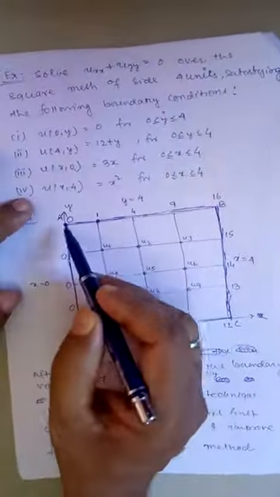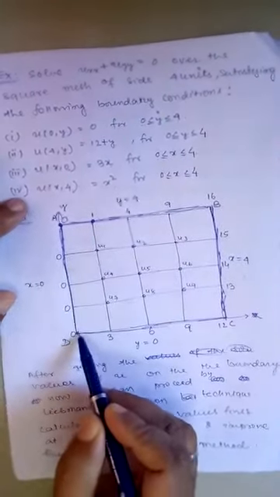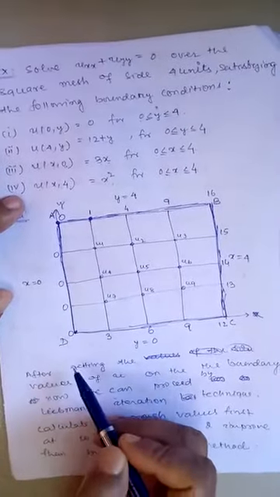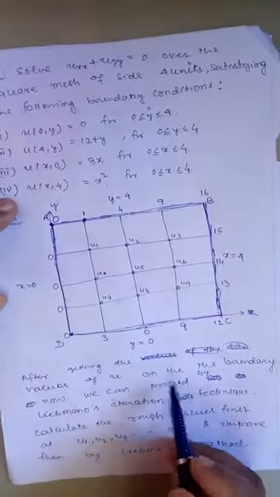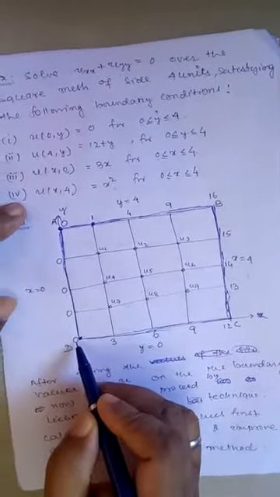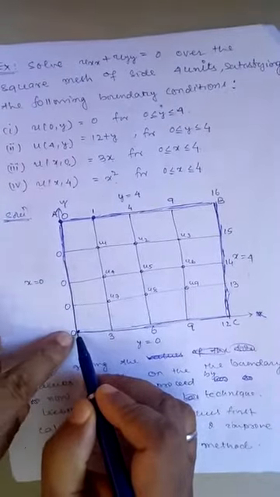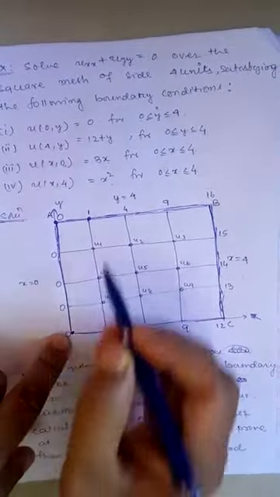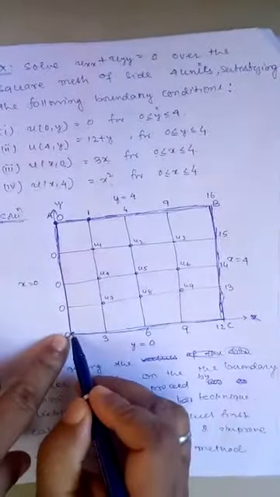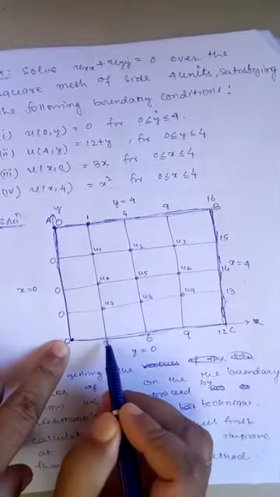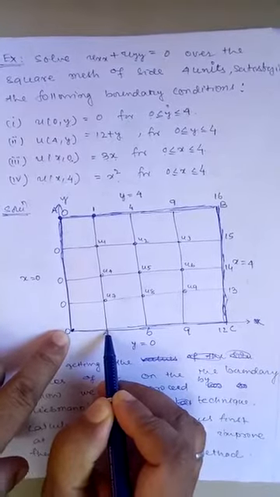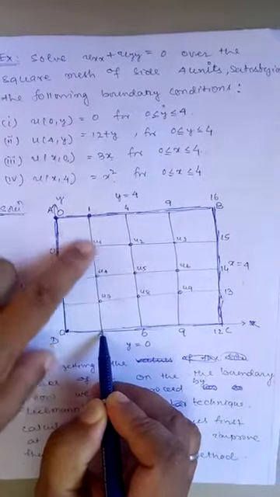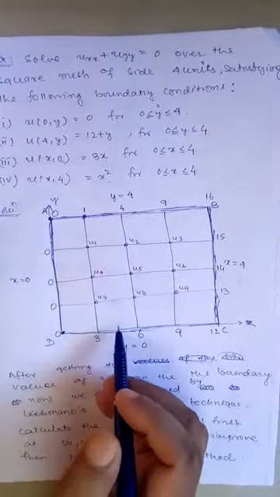Suppose this point, now I will go to this point. What will be the value here? 0. So this is x equal to 0, y equal to 0. So I am getting here 0, and here let me show x equal to 1, and x equal to 4.